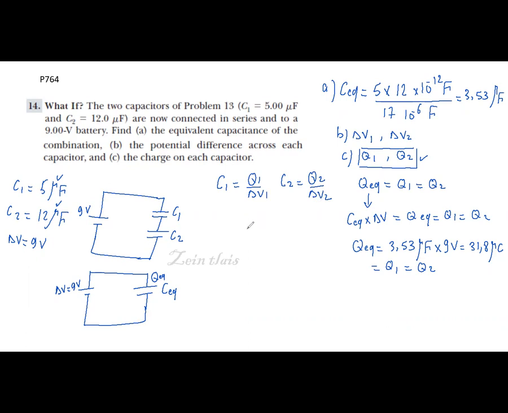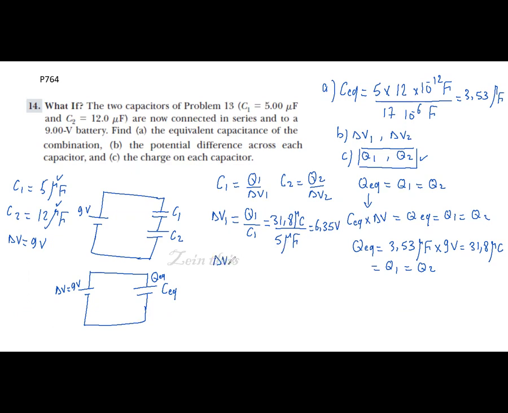We have Q1 and we have C1, so we find delta V1, which is equal to Q1 divided by C1, equals 31.8 microcoulomb divided by C1 equals 5 microfarad. The answer will be 6.35, and the unit will be volt.